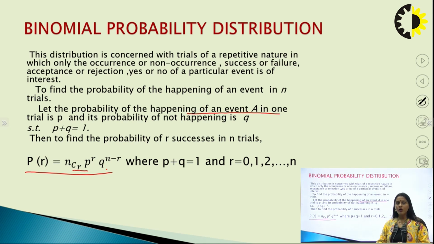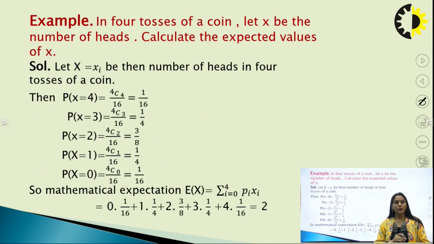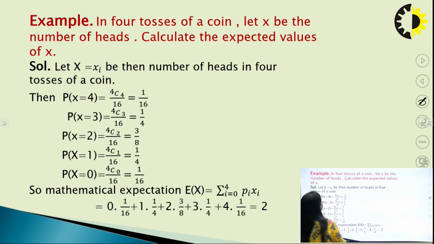How did we get this formula, that P(r) is equal to nCr p to the power r into q to the power n minus r? For this, I'll take a small example and explain how we get this formula. In this example, we have a coin and we toss it 4 times.